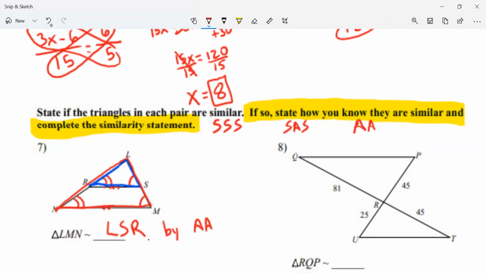So LSR space by space angle angle. Again, if the triangles are not similar, just write not similar. If they are, complete the statement, stating which triangle and which rule I'm using.